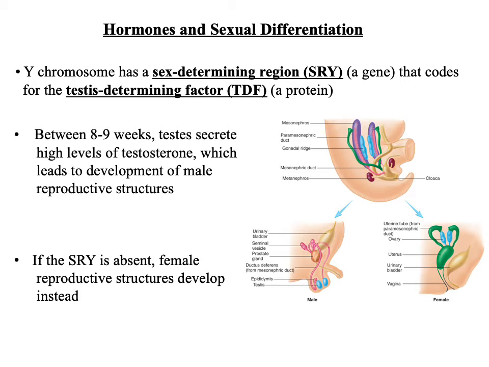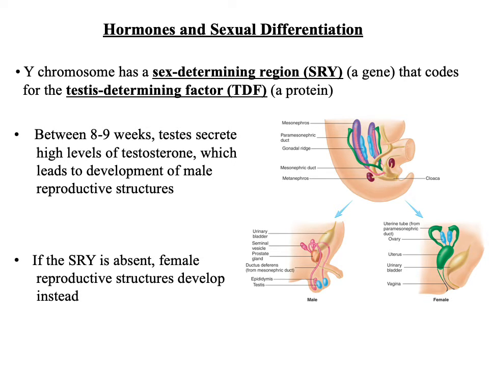You might notice that the sex chromosome pair looked very different. There's one that's tall and one that's significantly smaller. The significantly smaller one is the Y chromosome. It has a very different sequence of genes on it than does the X.